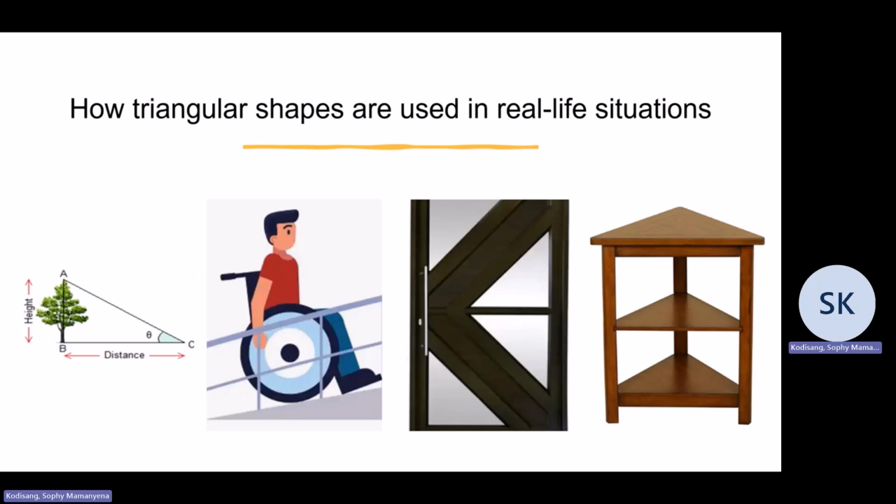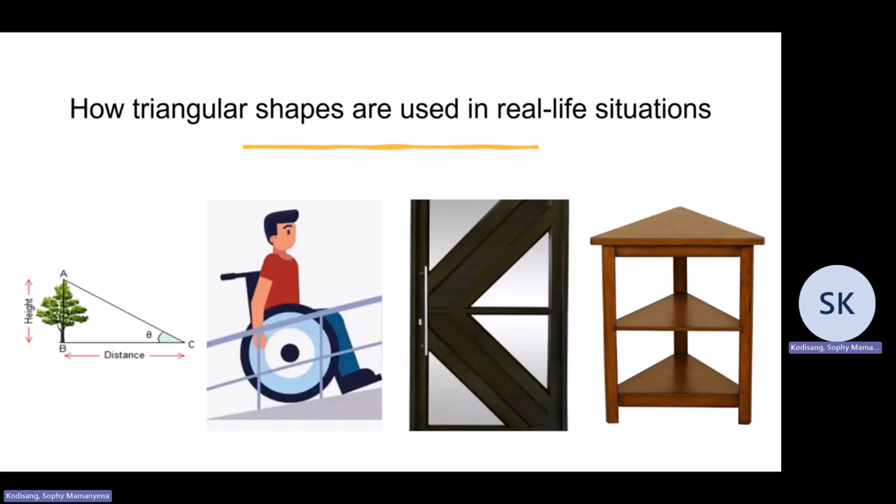The triangular form can also be noticed in the way doors are reinforced at the corners. You can see the door there is an aluminum door, giving them strength to stand upright. Even in furniture like tables, you can see the table also. Triangular shapes help maintain balance and prevent wobbling.